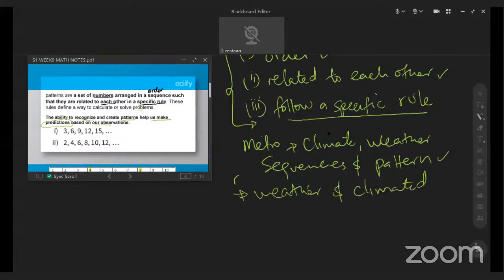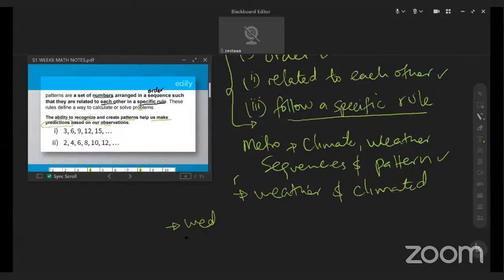So if, for example, we want to find out the weather on a certain Wednesday, they will look at all the other Wednesdays behind there. On a certain Wednesday, it rained. Another Wednesday, it rained. Another one, it rained.